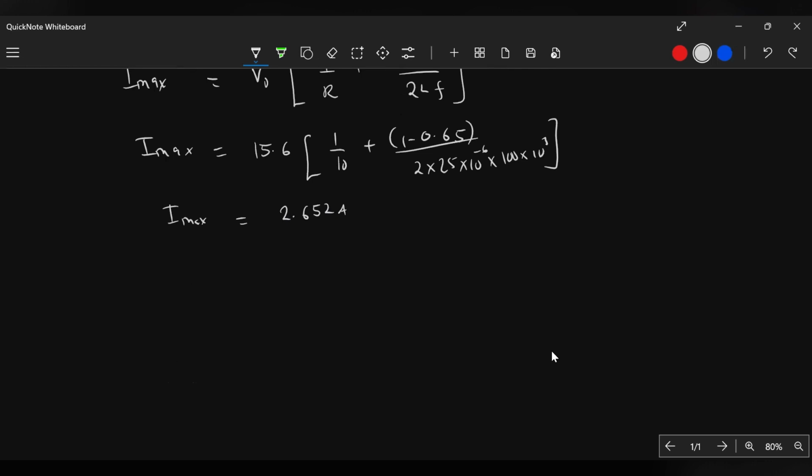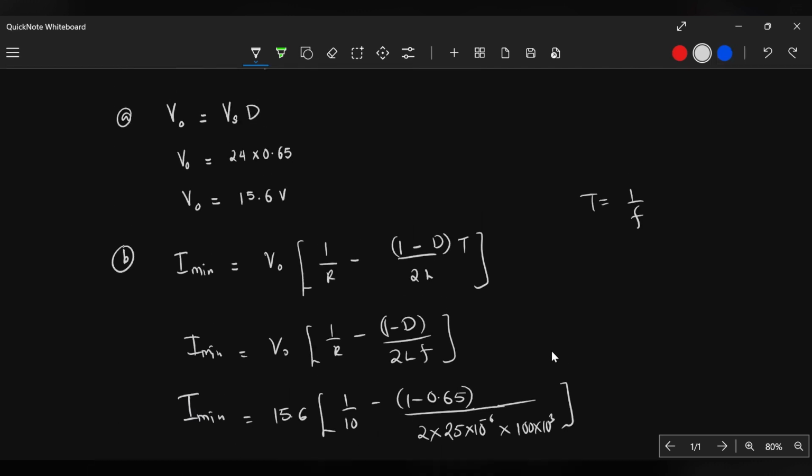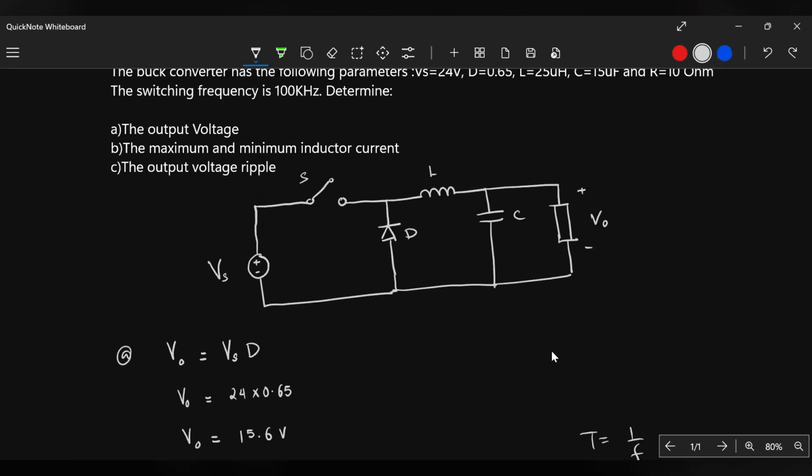The ripple voltage is actually dependent on the capacitor that you put here, as well as the inductance.